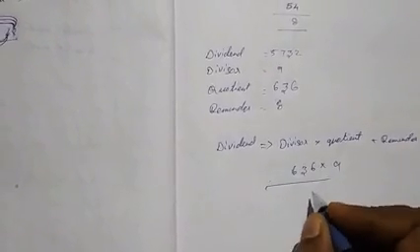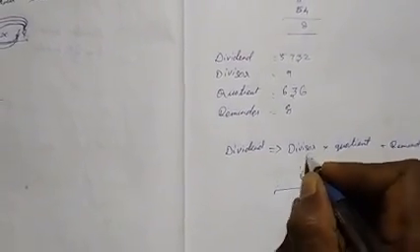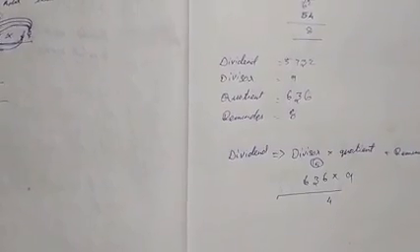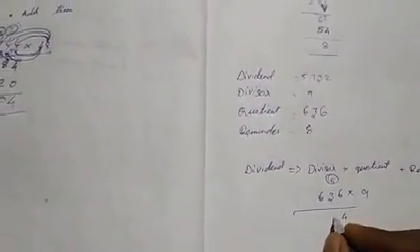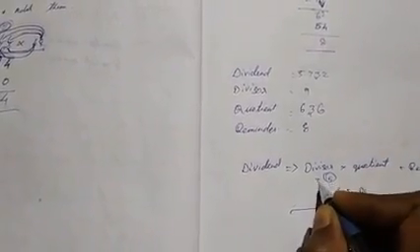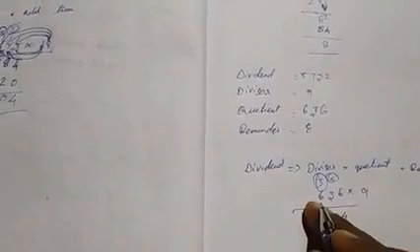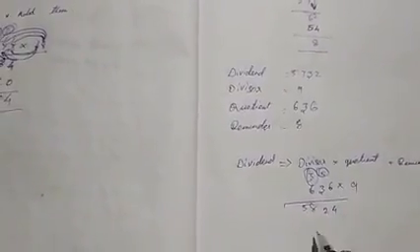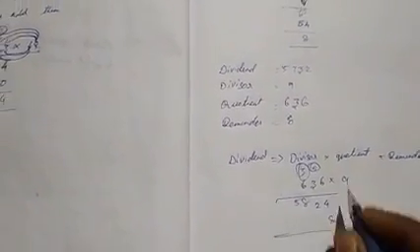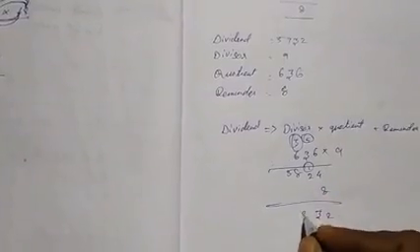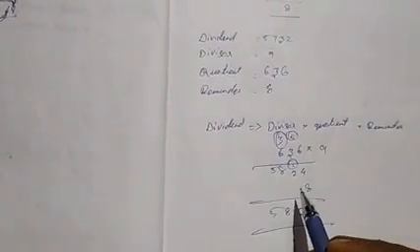9 6s are 54, remainder 5. 3 9s are 27 plus 5, 27, 28, 29, 30, 31, 32. 2 remaining 3.